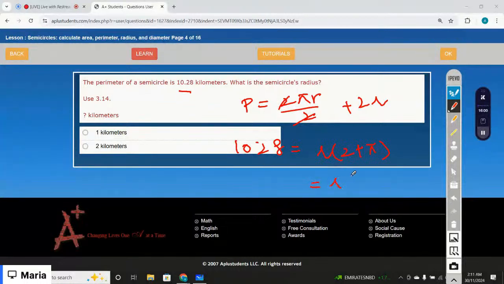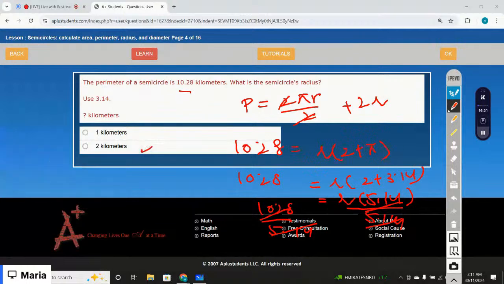So 2 plus 3.14 is 5.14. Divide both sides by 5.14. So 10.28 divided by 5.14 is 2. So the correct option is r equals 2 kilometers. Option number 2 is the correct option.